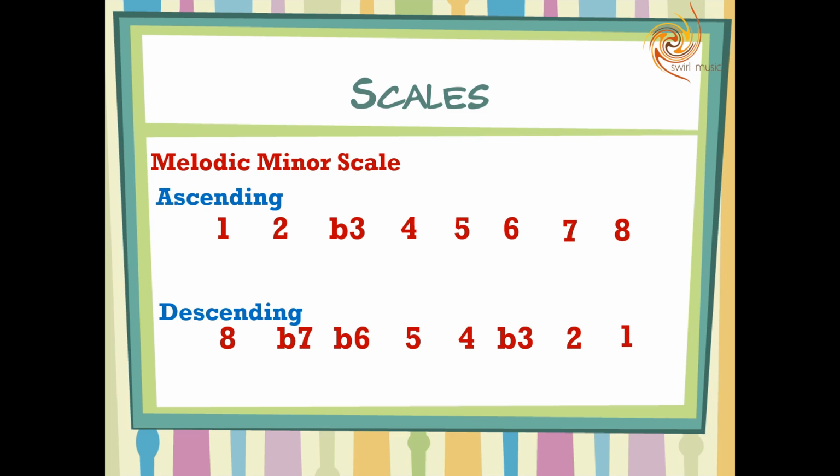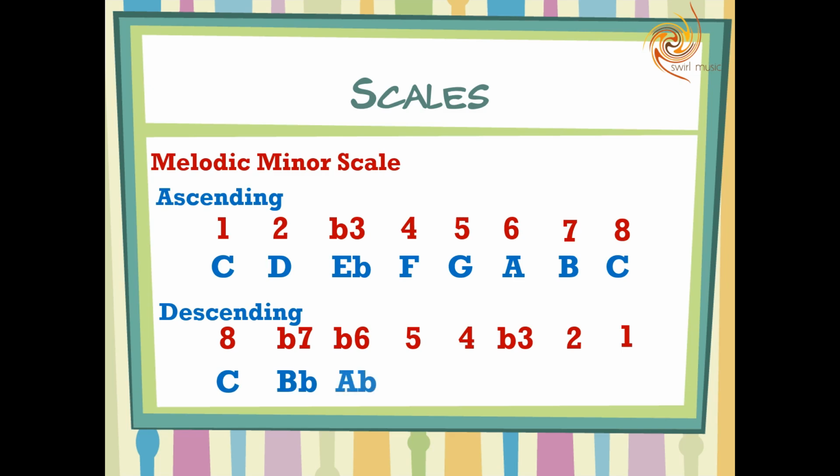So the notes of the C melodic minor ascending scale are C, D, E flat, F, G, A, B, C. And descending, C, B flat, A flat, G, F, E flat, D, C.